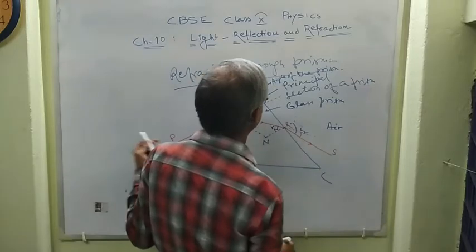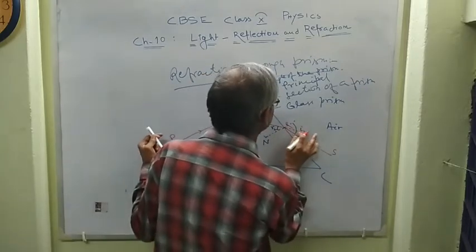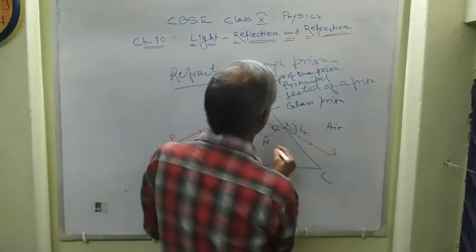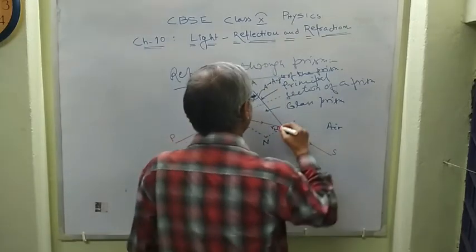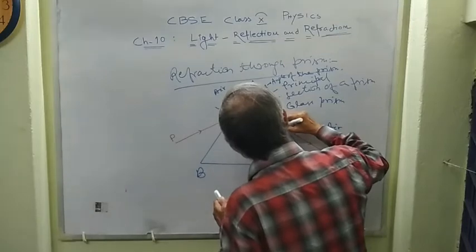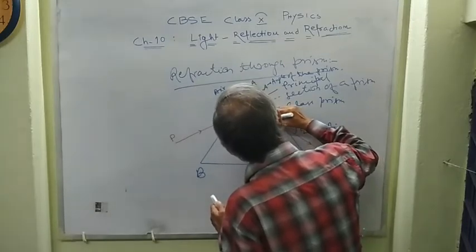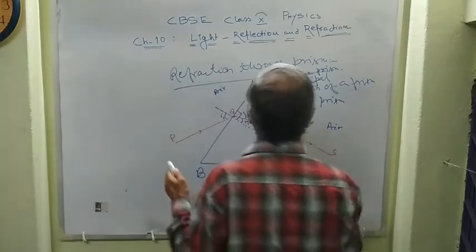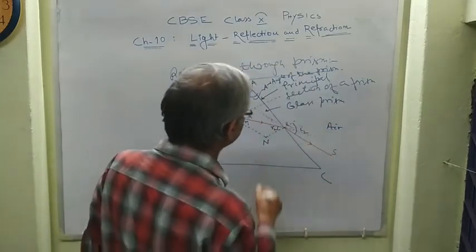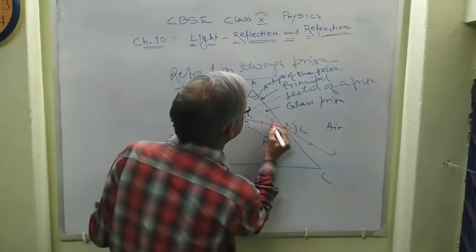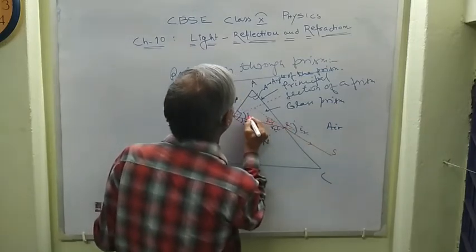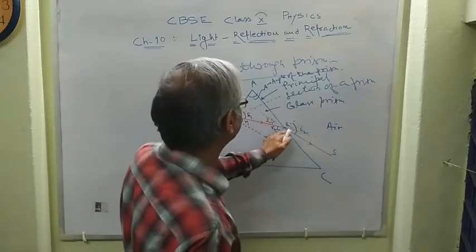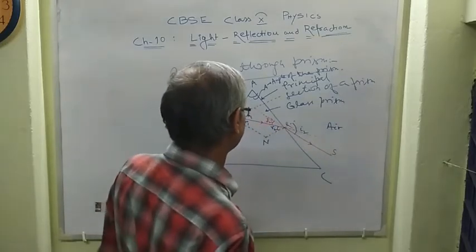If we extend it backwards, this will be the angle of deviation due to refraction at R, right?